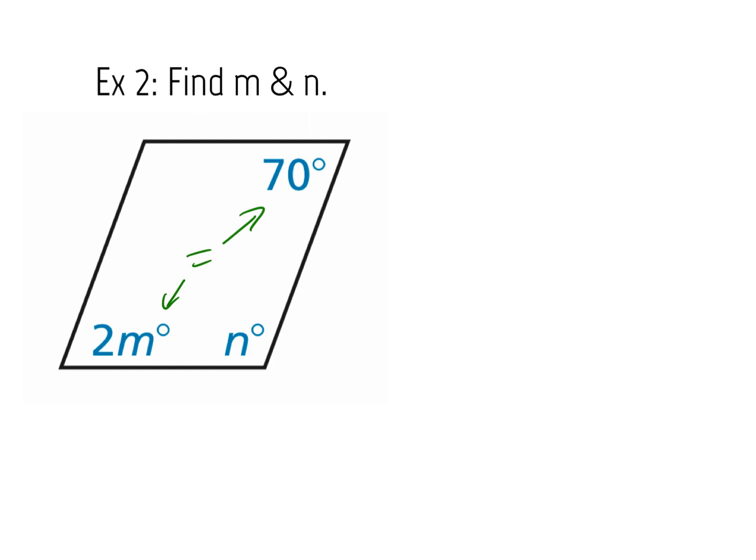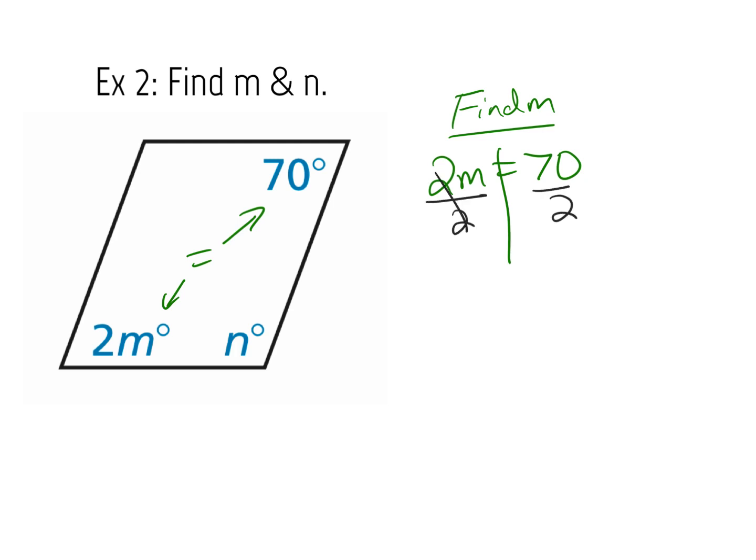All right, Noah, if these are equal to each other, tell me how to write the equation. 2m equals 70. And then Noah, what do I do to solve for that? You divide 2m and 70 by 2. Perfect. Divide each side by 2. M equals 35.